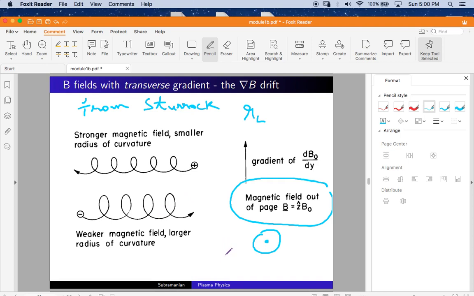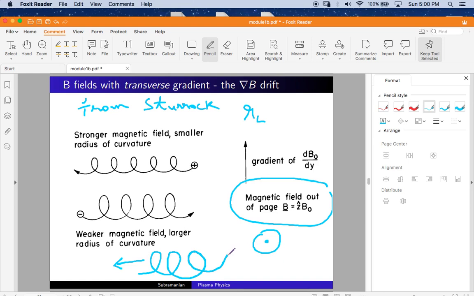A positive particle, for instance, would say I'm drifting like that, but by the time I come here, I'm forced to go in a tighter spiral, but by the time I come down, my spiral increases, and like that, that's why I have a drift in this direction.